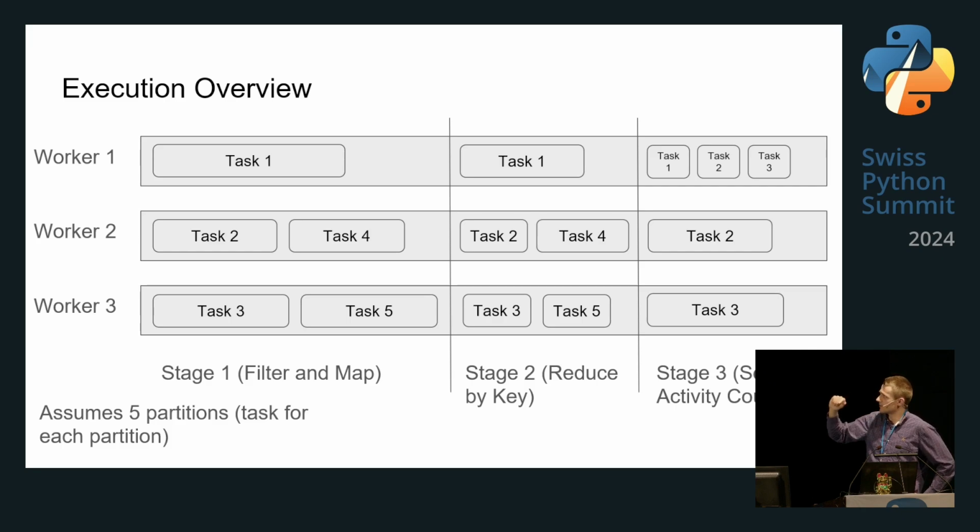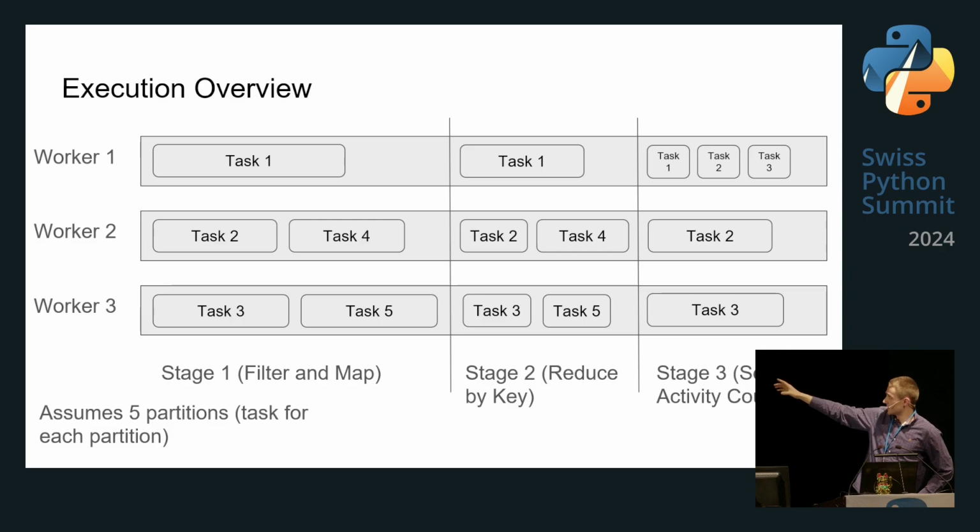Task 1 it puts on worker 1 just because it sees that it's available. Same for task 2 on worker 2, task 3 on worker 3, and then all of our workers are taken up, so we have to wait a bit before we can put task 4 on worker 2 once that's finished, and then task 5 on worker 5.